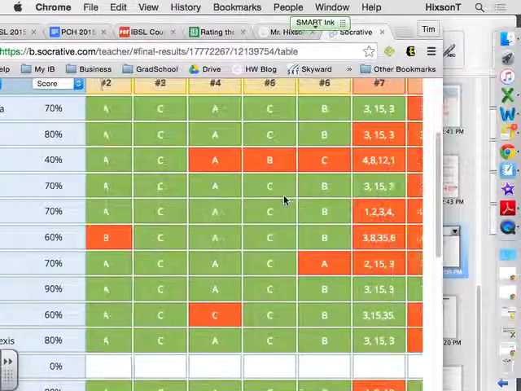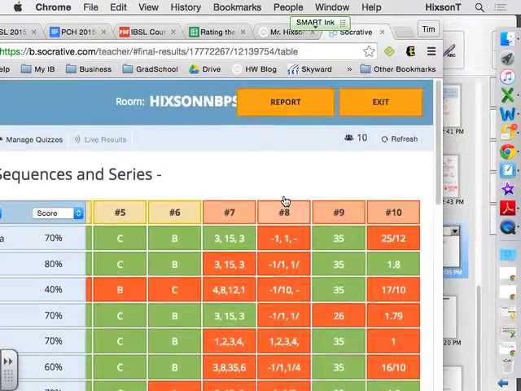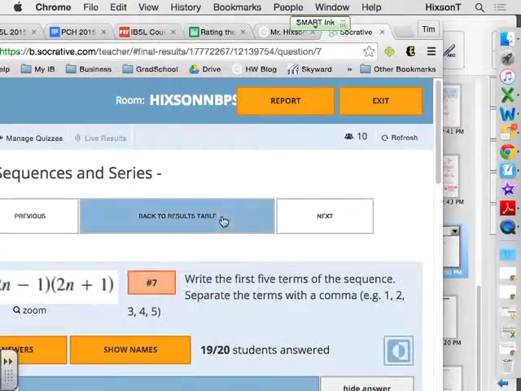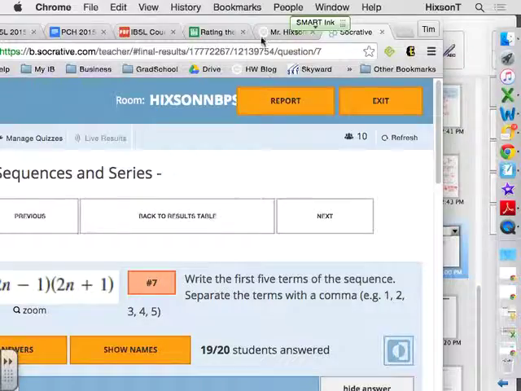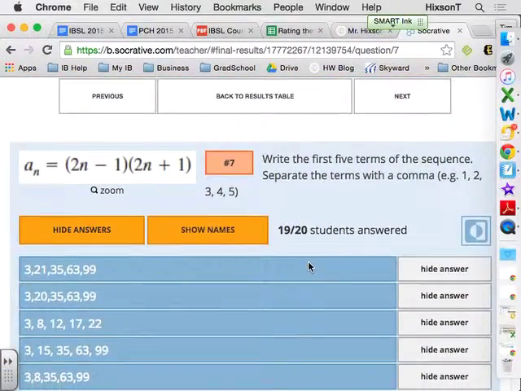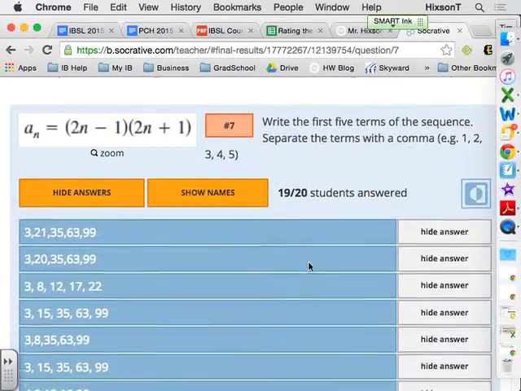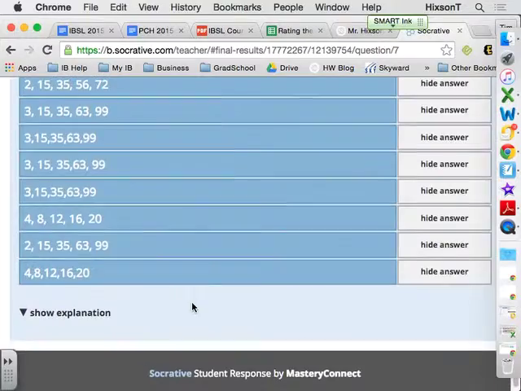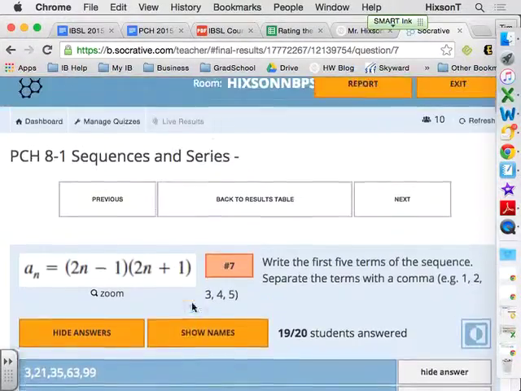Okay, here we go. The other one, let's take a closer look at number 7. Okay, writing down the first 5 terms of the sequence. What's the answer?